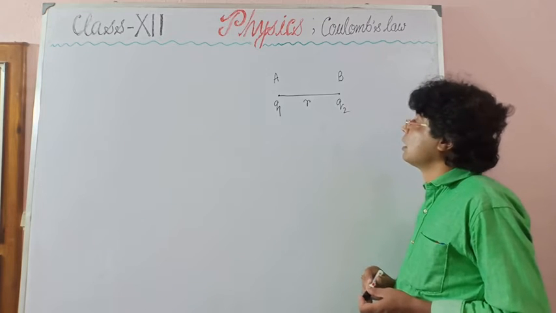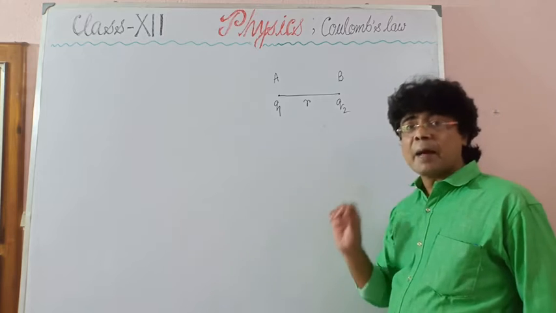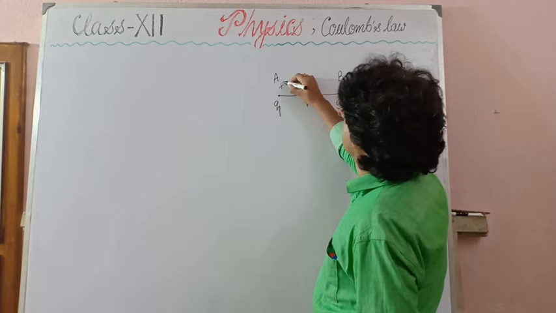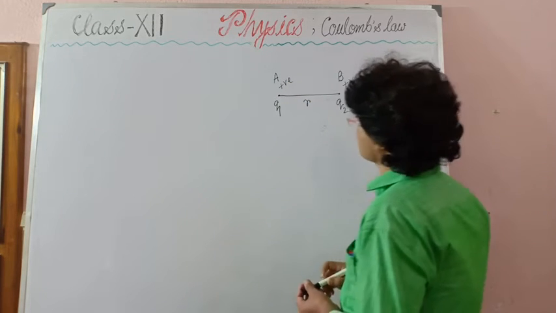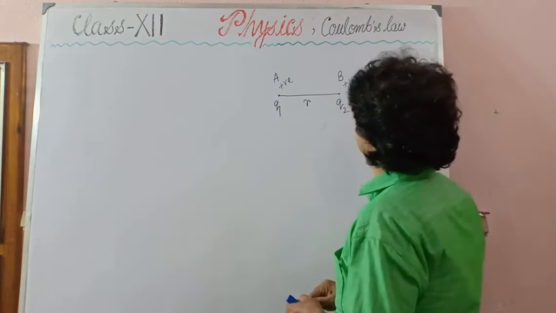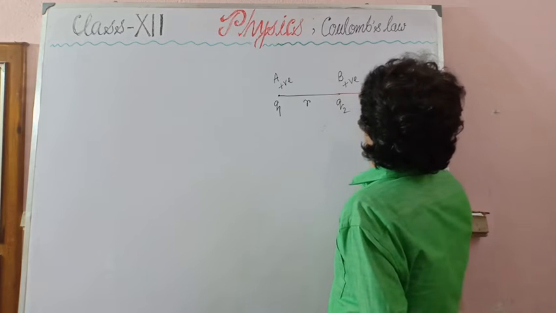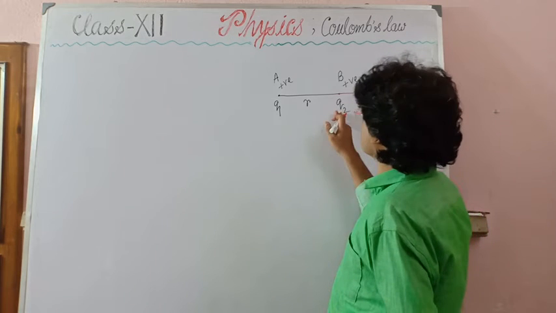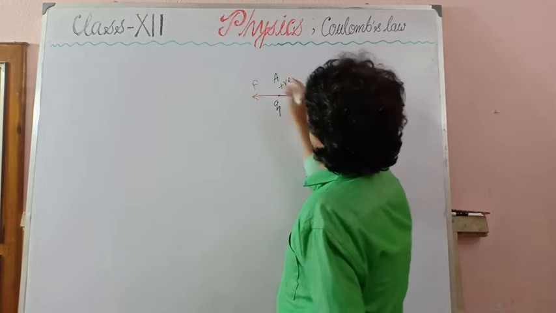If Q1 and Q2 have the same sign, suppose Q1 is positive and Q2 is positive, then Q1 repels Q2 along AB and Q2 repels Q1 along BA.